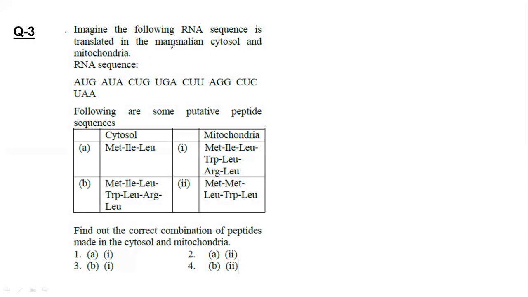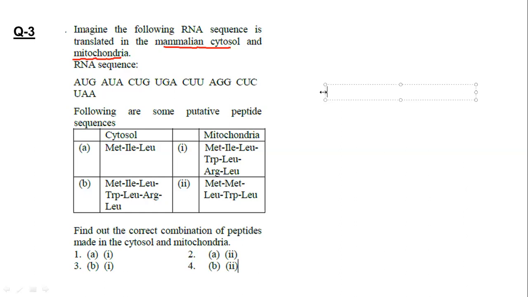This RNA sequence is in mammalian cytosol and mitochondria. We know that a few exceptions occur in mammals. In mammalian mitochondria and cytosol, there is a difference in codon selection, a deviation from the universal codon.